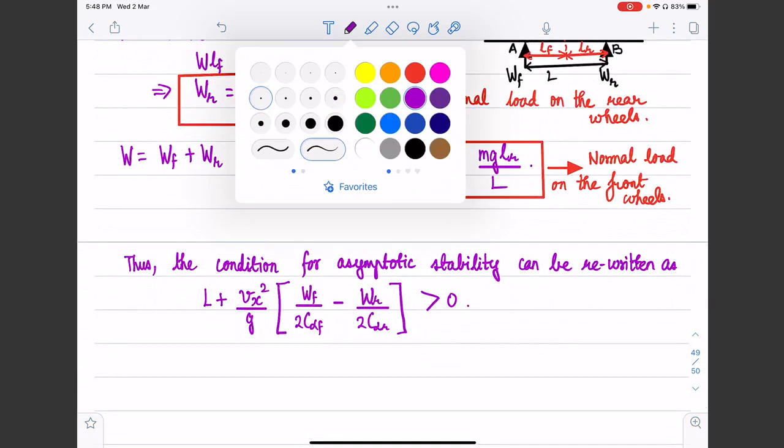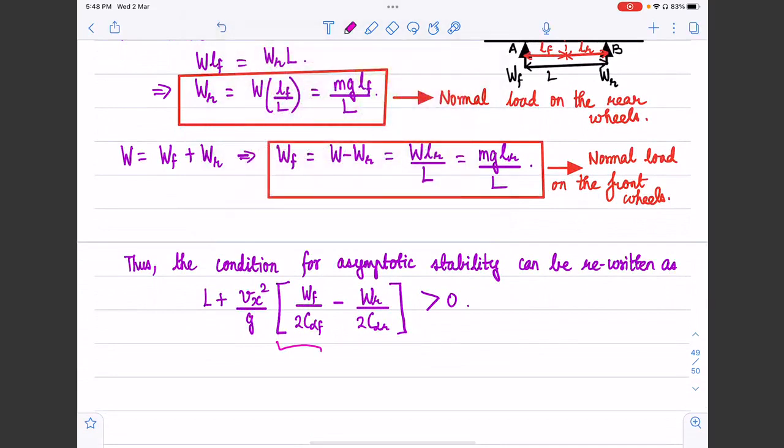Now, the term within the square bracket is what is called the understeer gradient, denoted by K subscript B, which is equal to WF divided by 2C alpha F minus WR divided by 2C alpha R. This is what is called the understeer gradient or understeer coefficient.